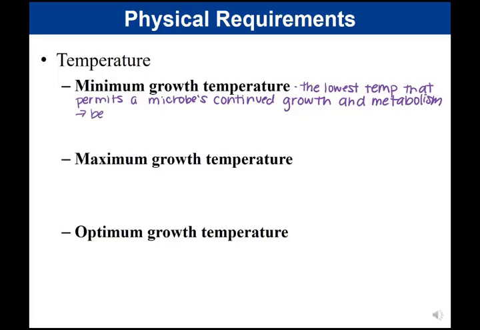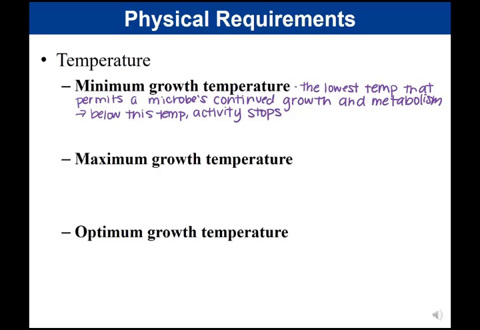And below this temperature, activity stops. Meaning that once you get below the minimum growth temperature, it doesn't necessarily kill the bacteria, but it will inhibit their growth. They won't be able to grow at these low temperatures.